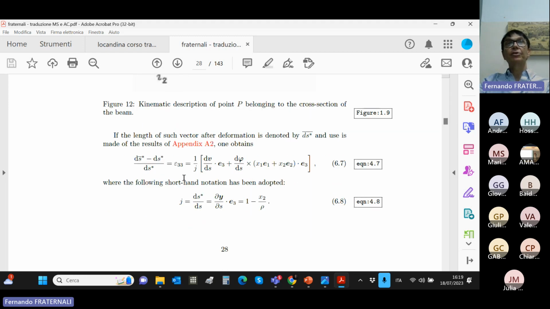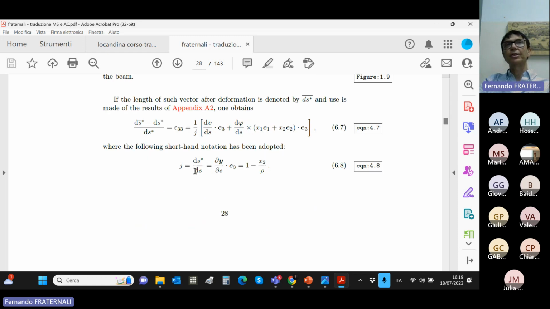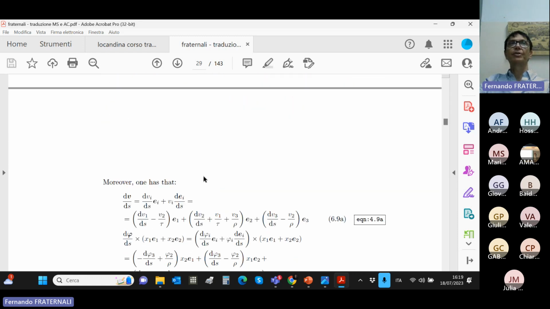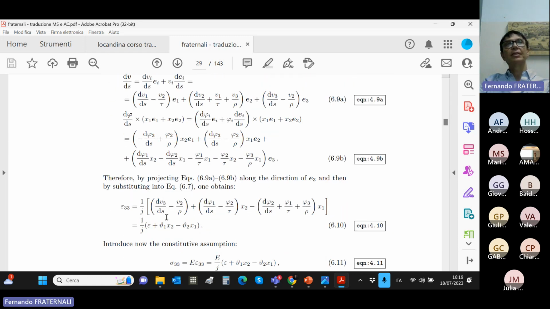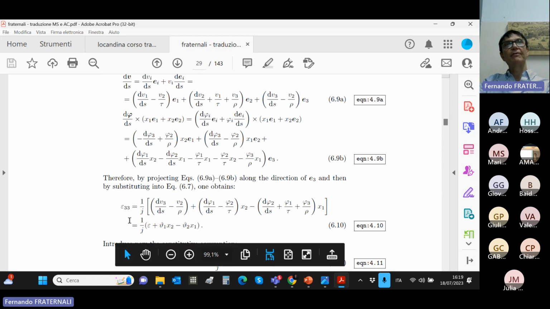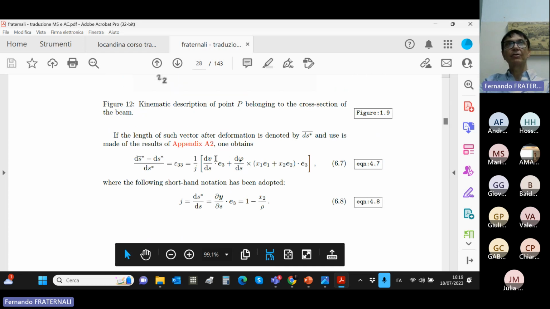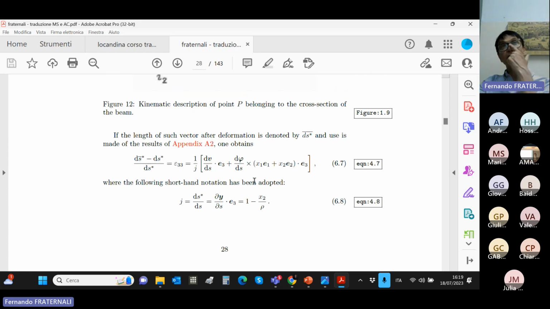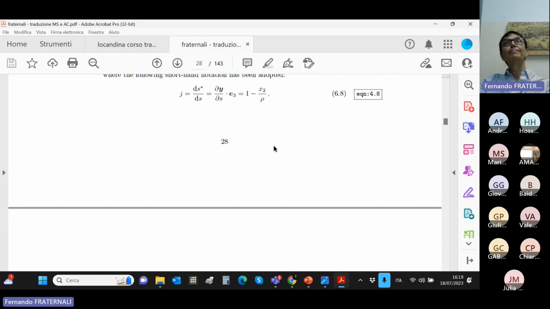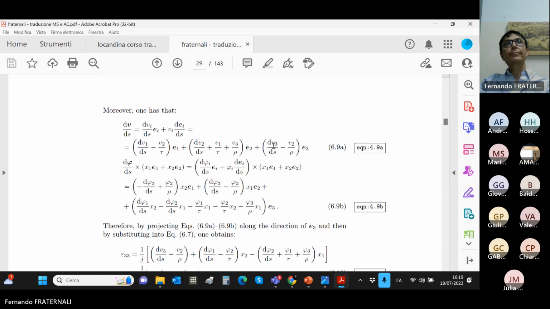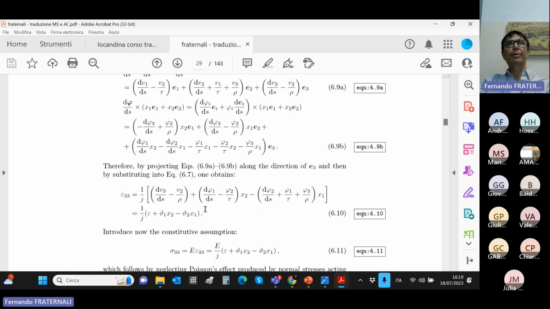And now this epsilon 3 accounts for curvature, because it is the exact expression of epsilon 3. This is the final expression of epsilon 3 that is obtained by carrying the derivatives of vector v, phi, and also the derivatives in one and two that account for the Bresse formula.